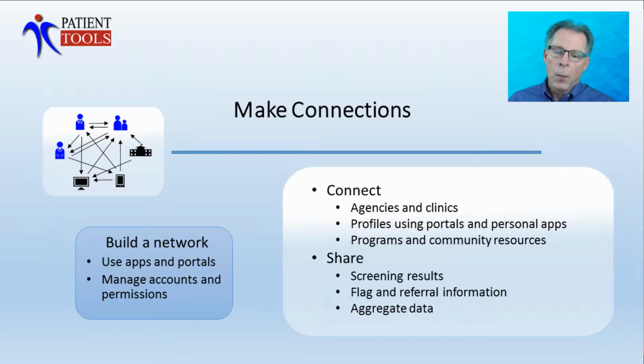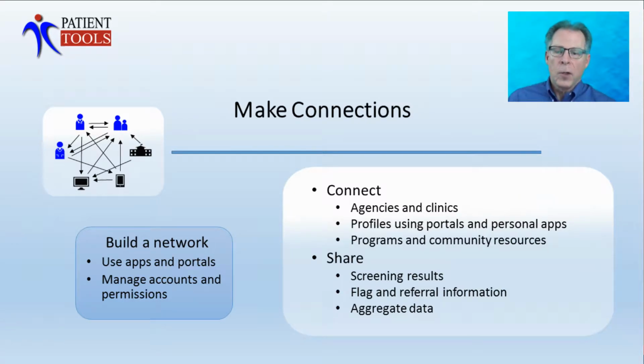And then finally, there's connection on the overall data transparency level, like on a program or community level. You can make connections over to community resources, and over to your early intervention or Child Find.